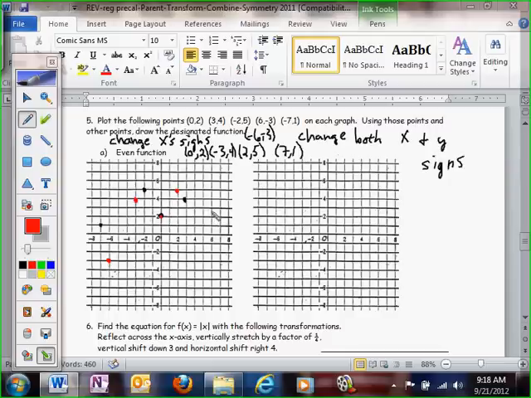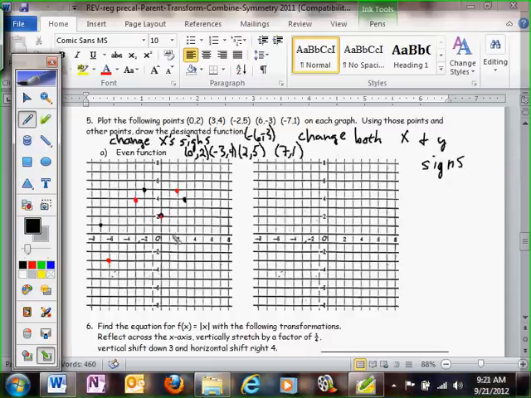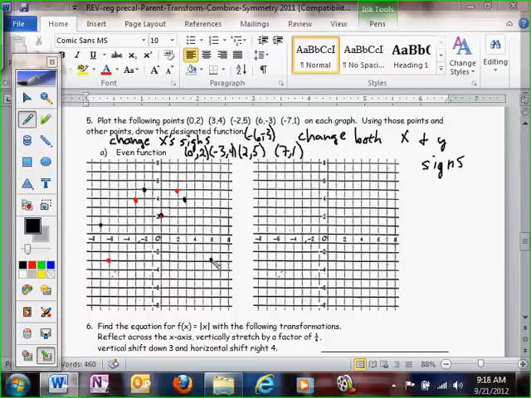Did I erase it? 6, -3 should have been over here in black. Let me check my original points: 0, 2, 3, 4, -2, 5. I skipped 6, -3. That point goes there. And the opposite, the -6, -3, came over here. So see, I left a point out, made that simple error.